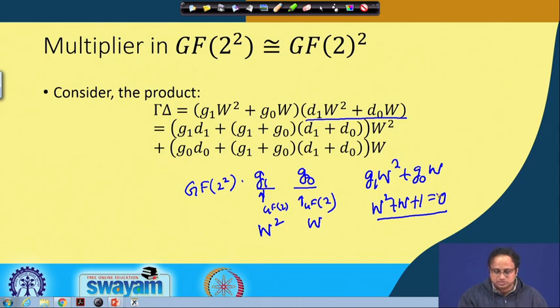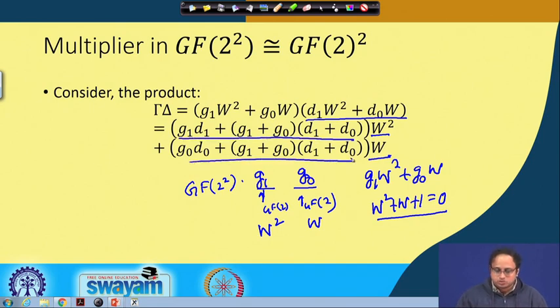I will use this as my tool for simplification and bring the result back in the original basis, that is omega squared and omega, and these are your corresponding output coefficients.